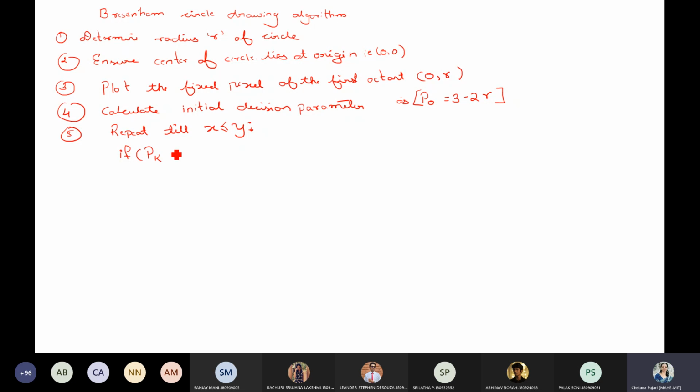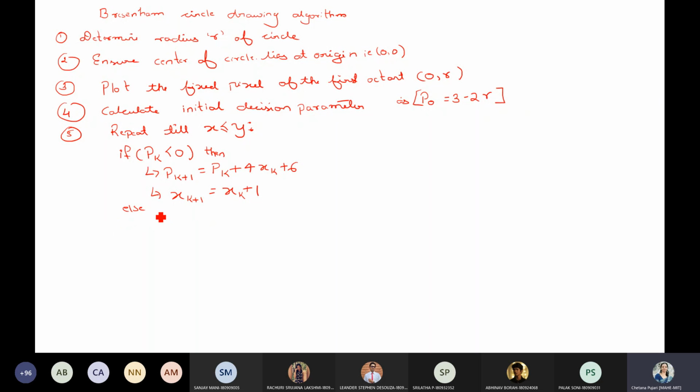If p of k is less than 0, then your p of k plus 1, which we just calculated in a previous slide, will be p of k plus 4xk plus 6. And you are going to increment your x. Whereas y will remain the same, no change to y.